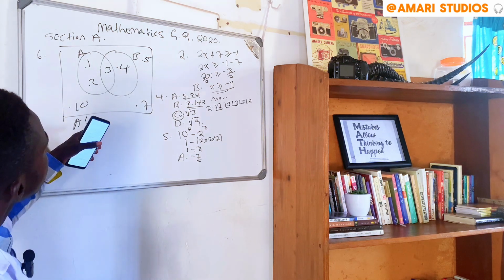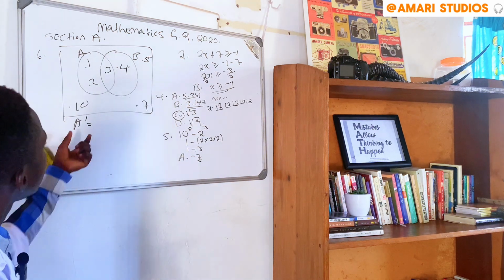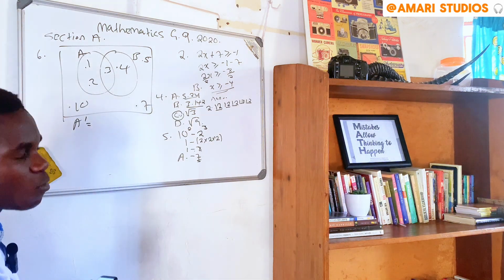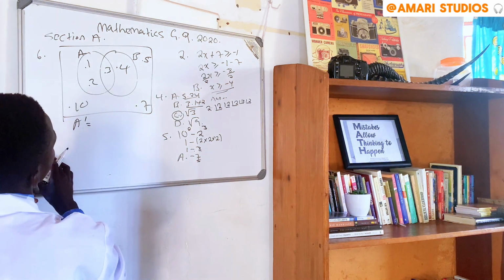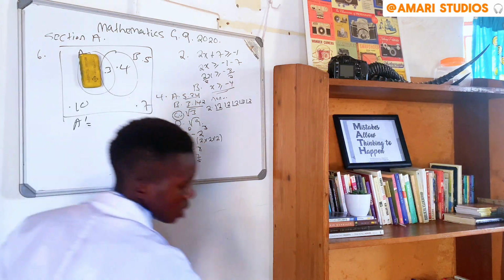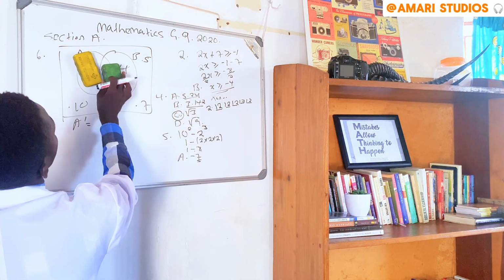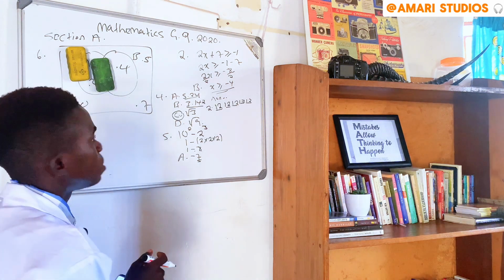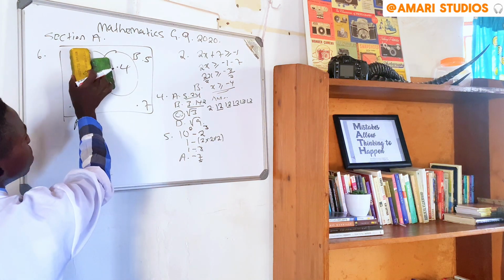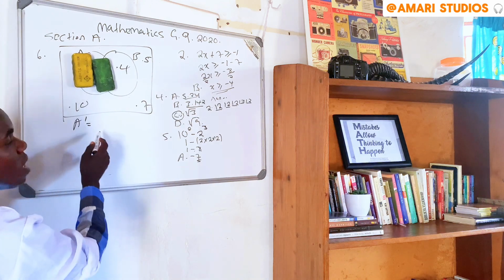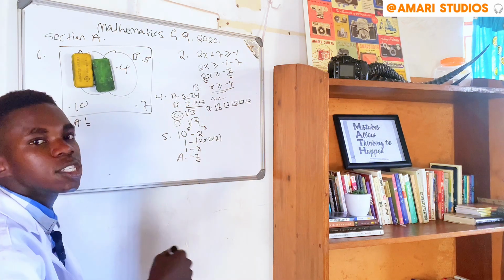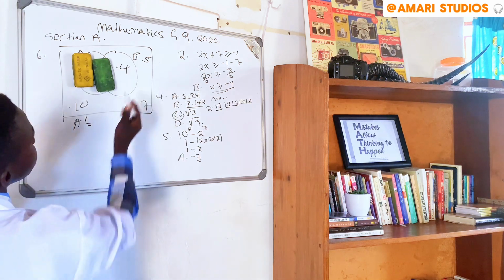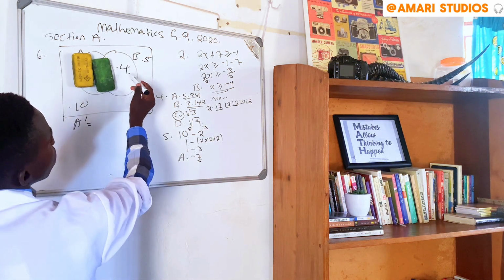As usual, when they say A complement, they mean that you need to write the numbers or members that are not found in set A, so we are just going to exclude A. The whole of this part is representing A. When they say A complement, we are talking about members that are not found in set A. This is set B, and in set B we have 4.